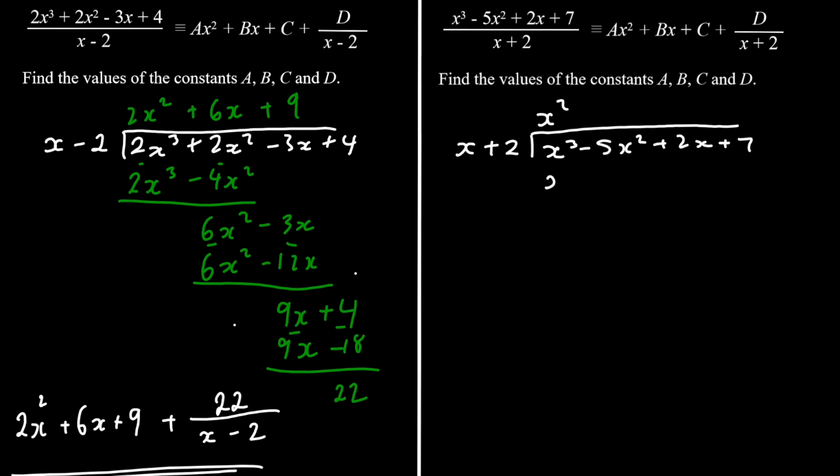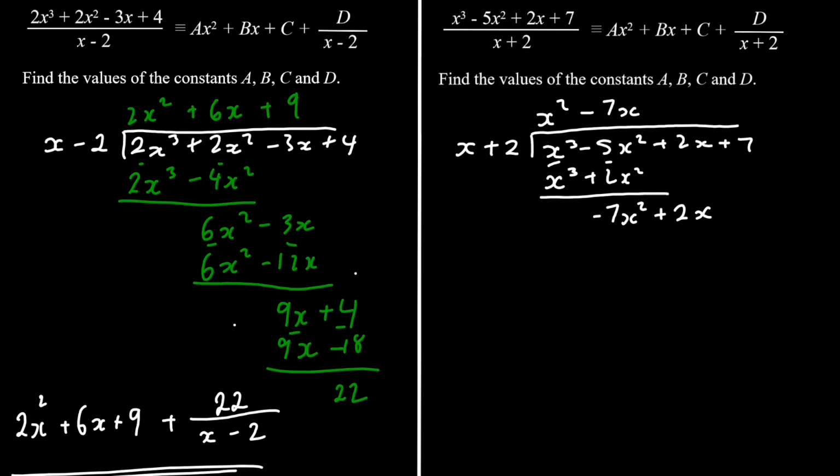X squared times x is x cubed. X squared times 2 is 2x squared. Take away. So the x cubes go. Negative 5 x squareds take away 2x squareds is minus 7x squareds. Bring down the 2x. Negative 7x squared over x is negative 7x.